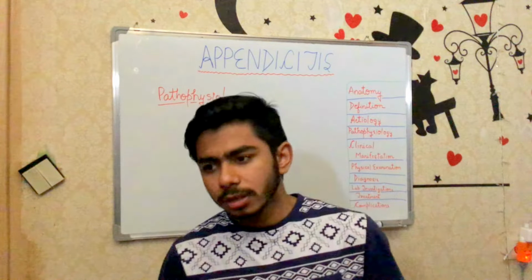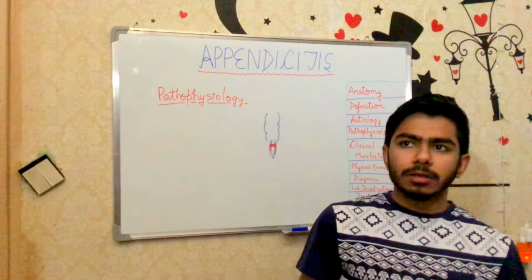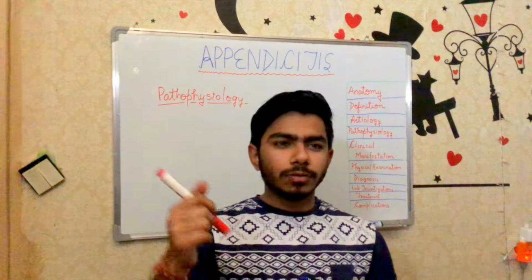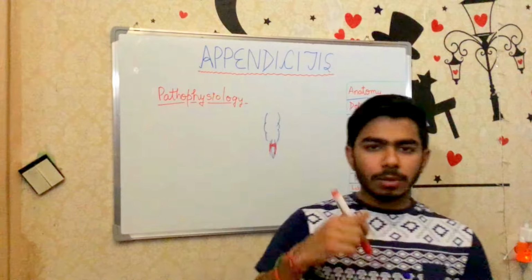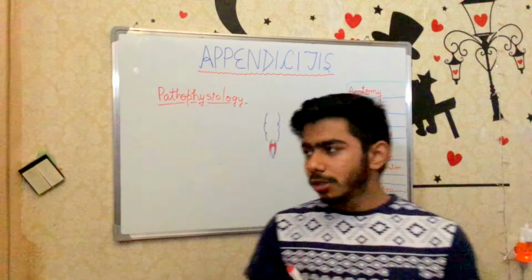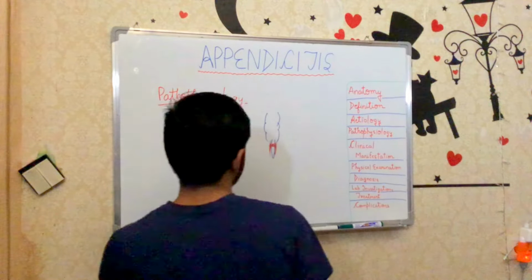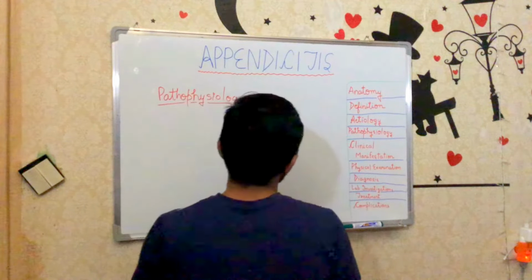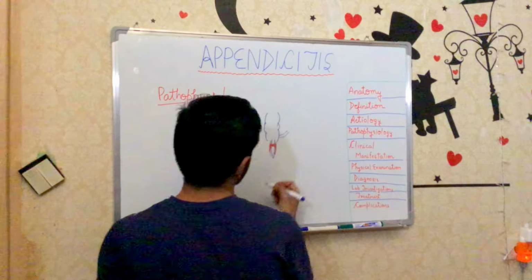As you all know, the terminal part of the ileocolic artery is coming from the ileum. It is joining the appendicular artery. For example, here is our ileum.